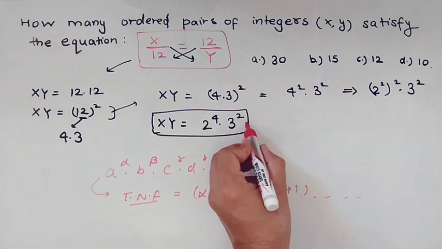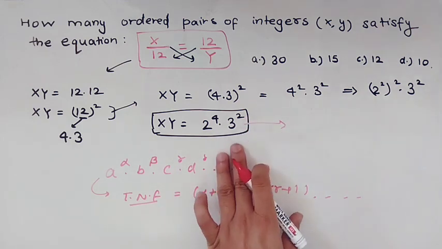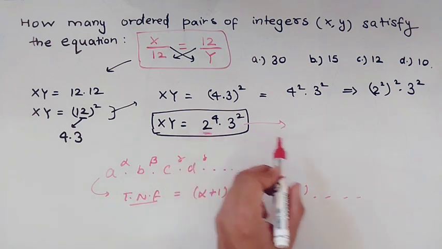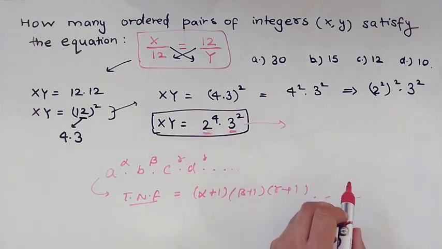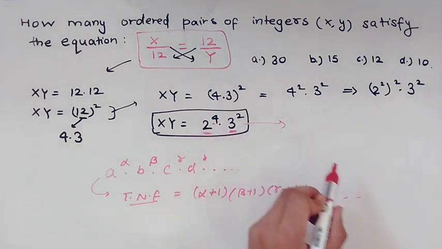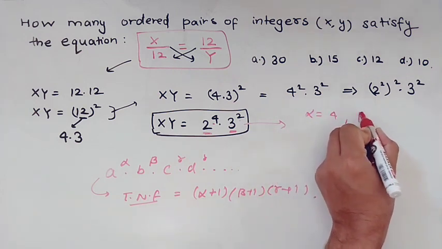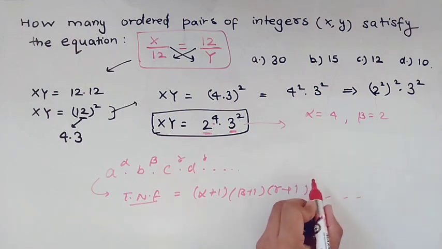Okay, so just apply the same thing on this equation. Our 2 is a prime number and 3 is a prime number, and these are the values of alpha and beta. So here we have alpha equals 4 and beta equals 2.